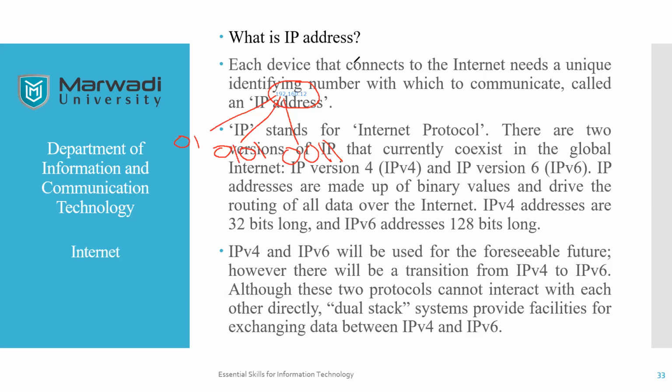So IPv4 addresses are 32 bits long and IPv6 addresses are 128 bits long. Bits represent your binary value. IPv4 and IPv6 will be used for the foreseeable future.